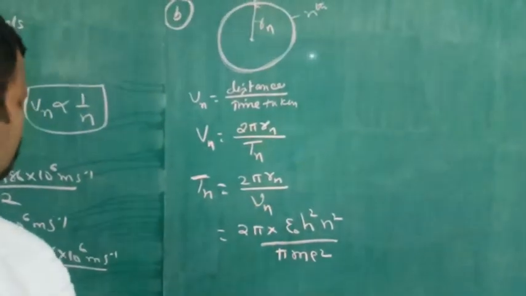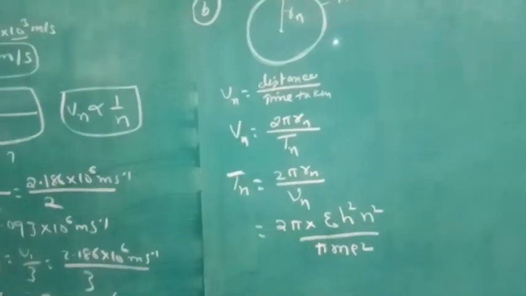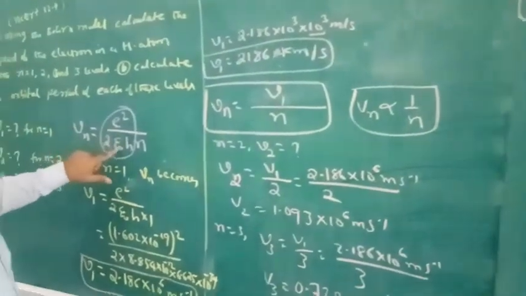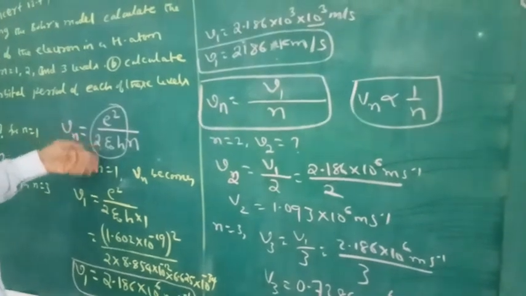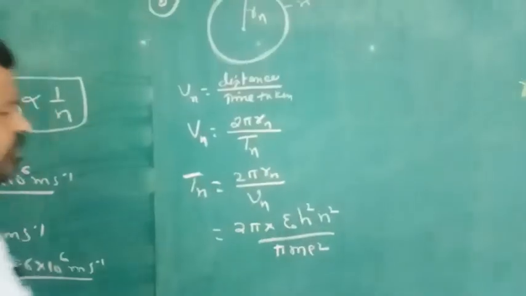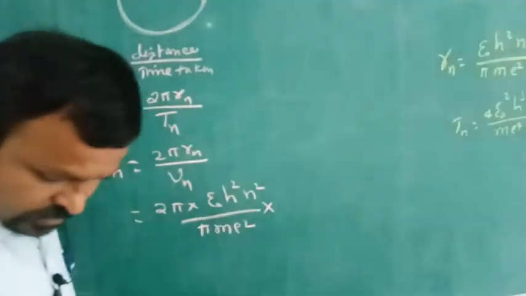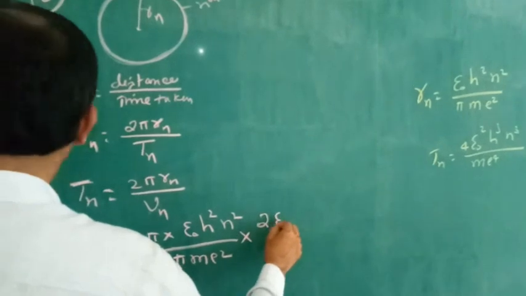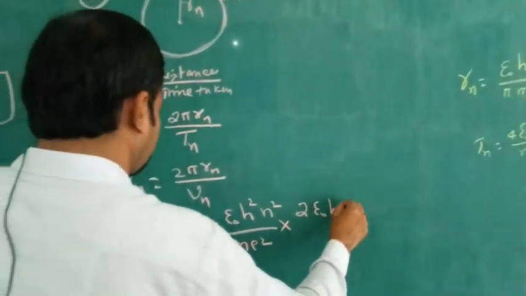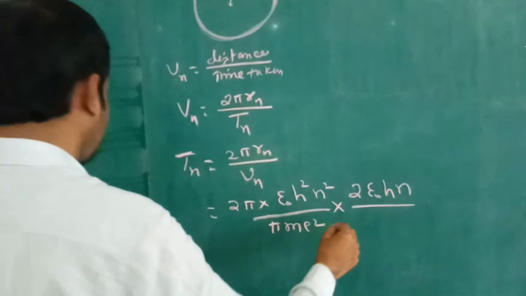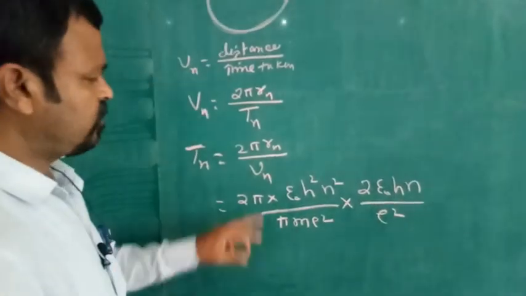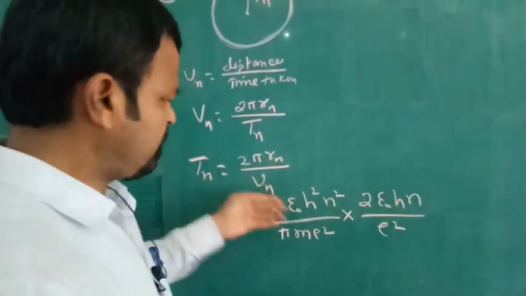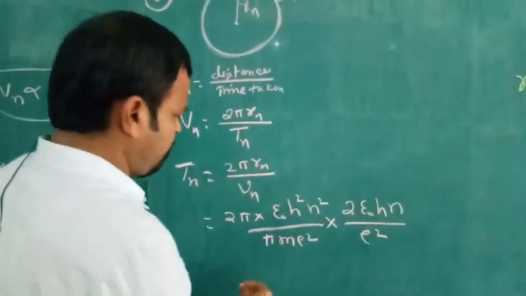And the velocity of an electron in the nth orbit, you know this one, this is the formula: Vn is equal to e square by 2 epsilon naught h n. Here 1 by Vn is there.